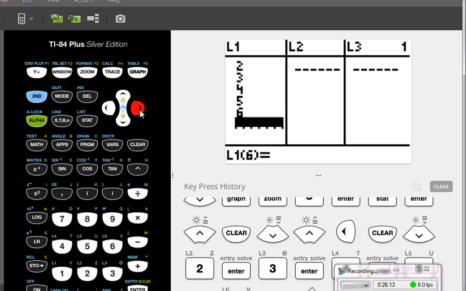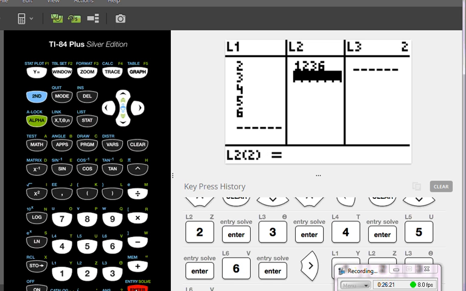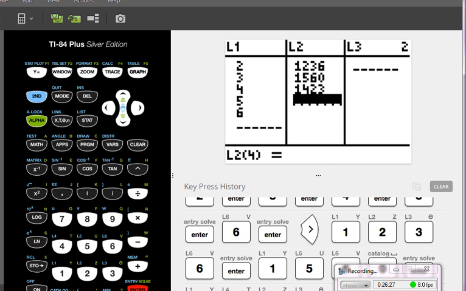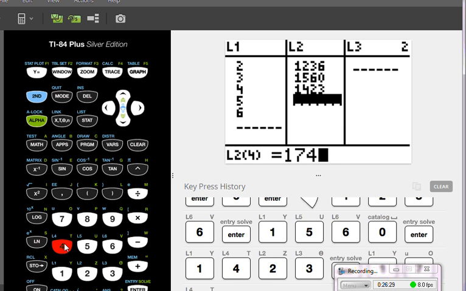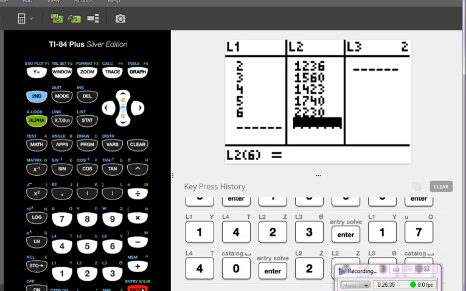Okay, go to the right, and we have our cost. 1236, 1560, 1423, 1740, and 2230. Okay.